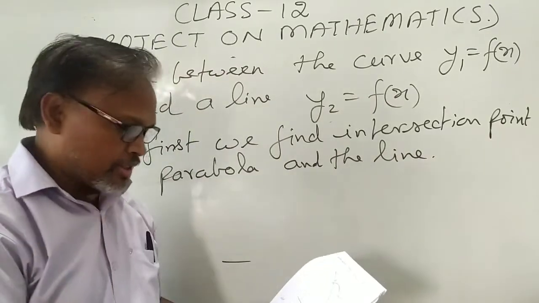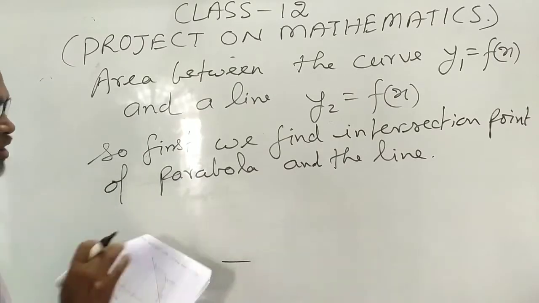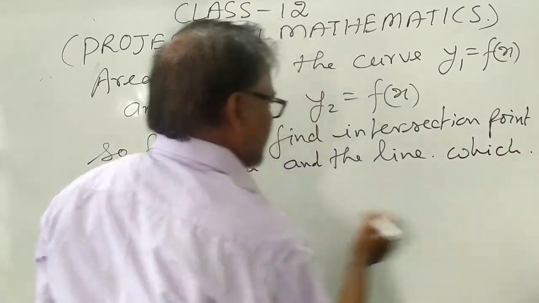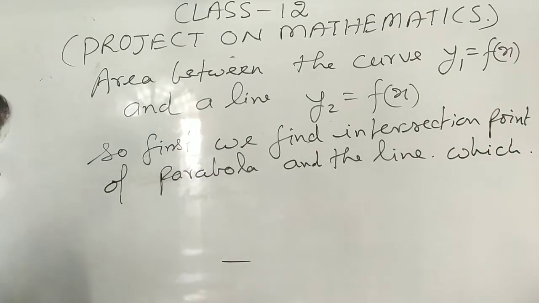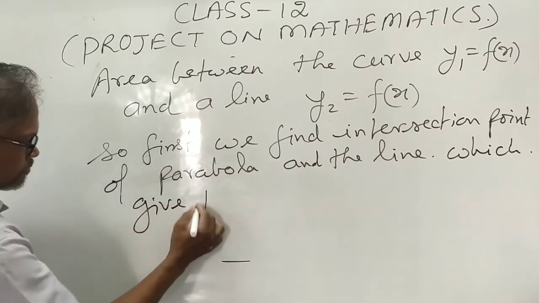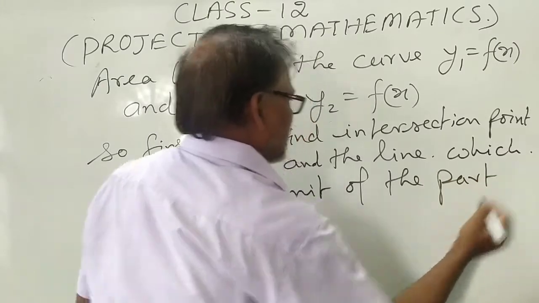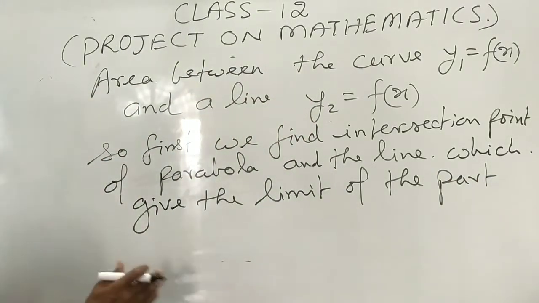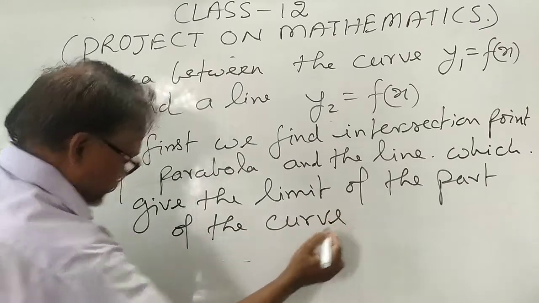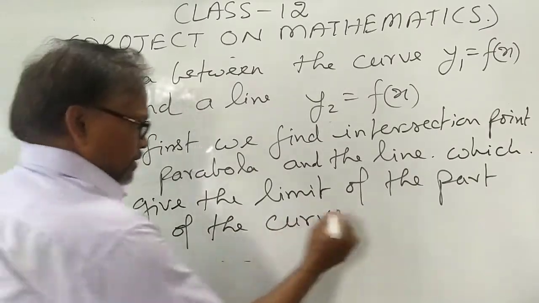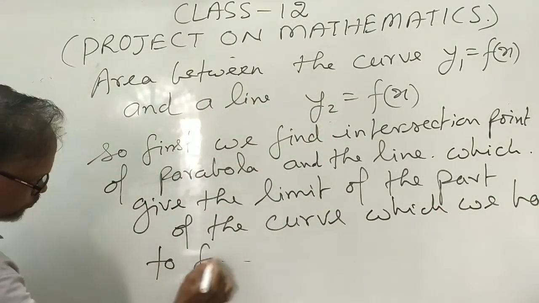And after finding the intersection points, we have to find the limits of the part of the curve whose area we have to find.